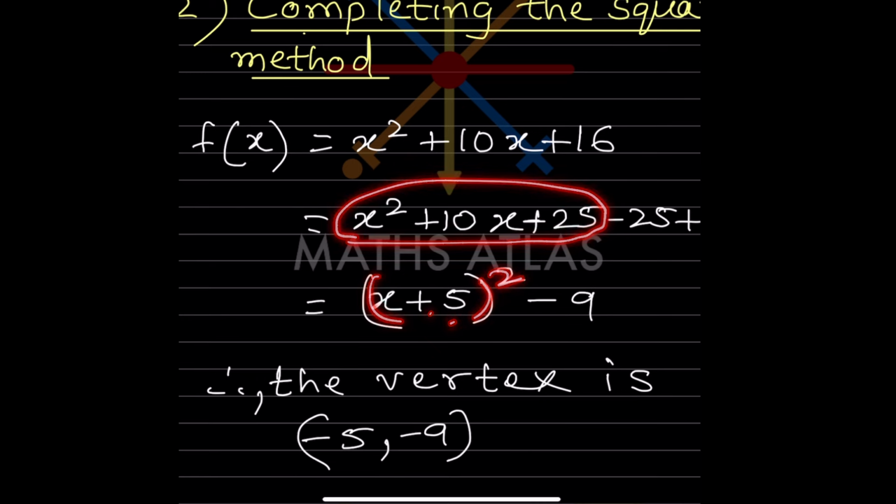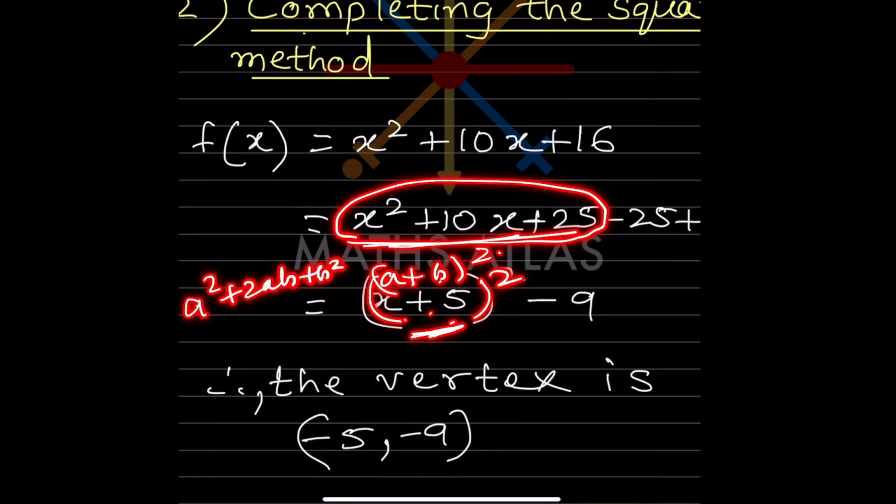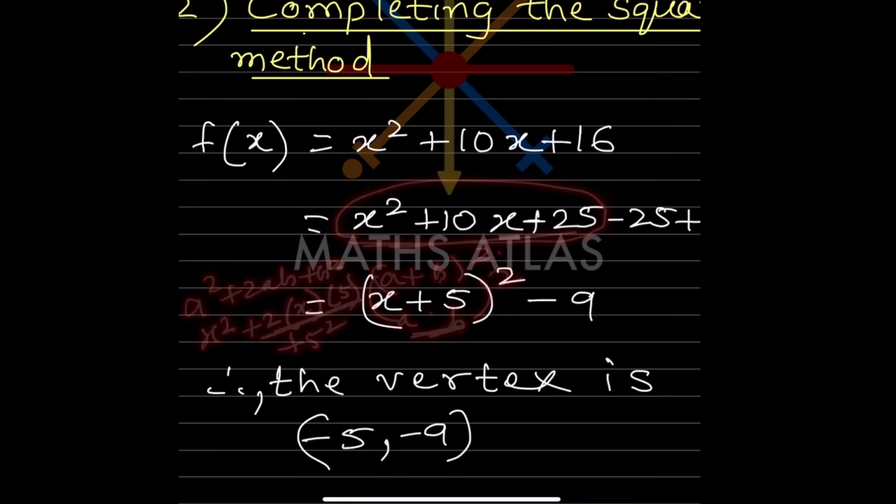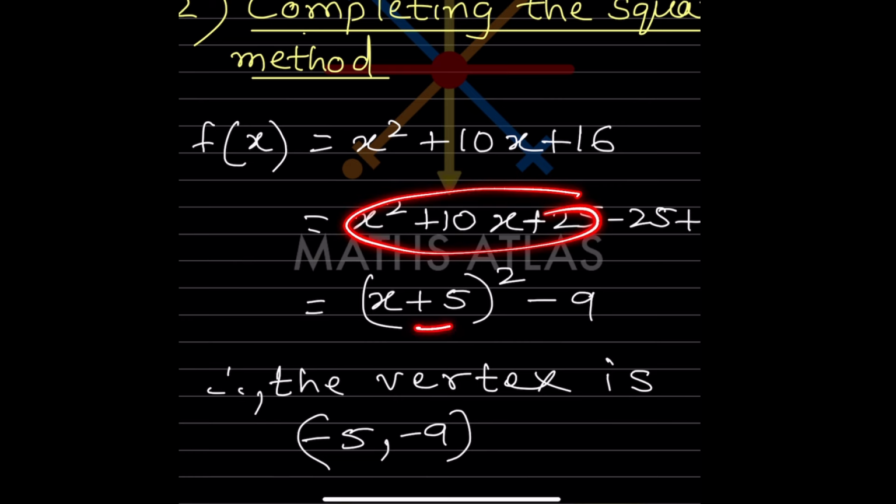When you expand this, you know this is in the form of a plus b whole bracket square, so you are going to get the same expression: a square plus 2ab plus b square. This is a, this is b. So a square means x square, plus 2ab, which is 2 into a is x and b is 5, plus b square, that is 5 square. When you take this, what do you get? 10x. It is the same as this one. So hope you got this.